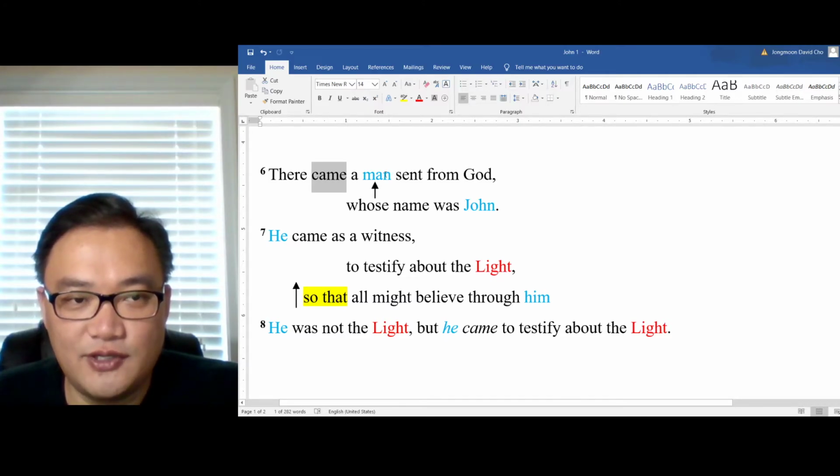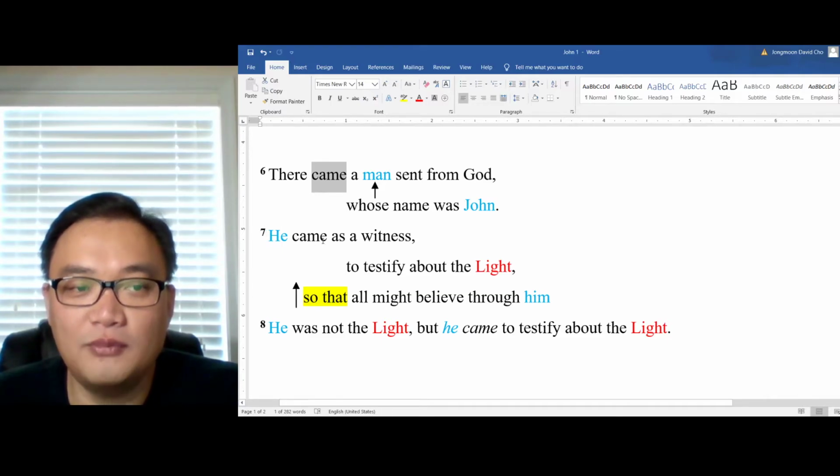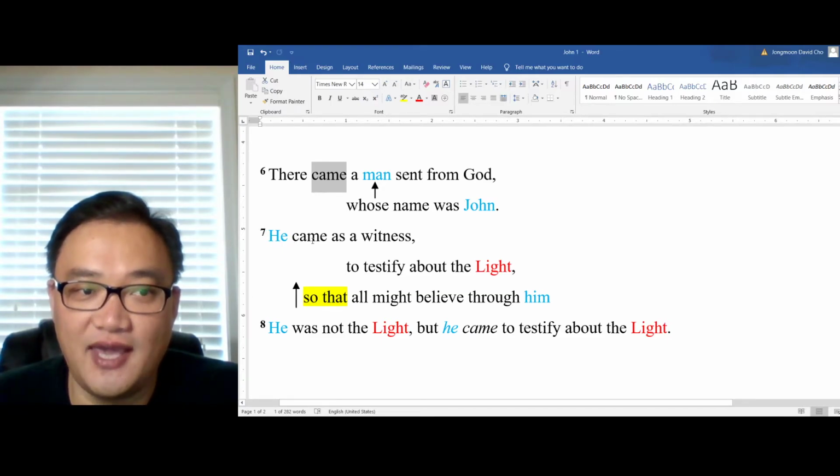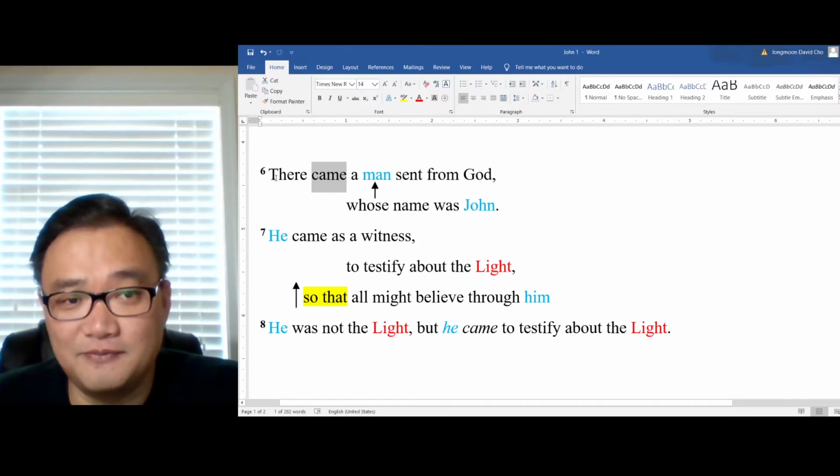You can say it this way: a man came. Like in verse 7, it's repeated again, but in the normal sentence structure, he says he came. Verse 6 is the same thing, but in a different order. There came a man.